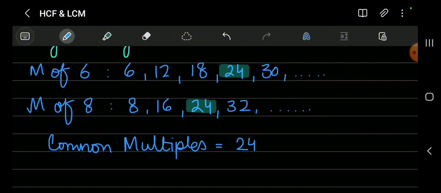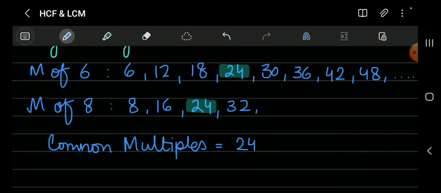If you list down more, you may get some more as well, like for example 30 and then 36, 6 6s are 36, 6 7s are 42, 6 8s are 48.